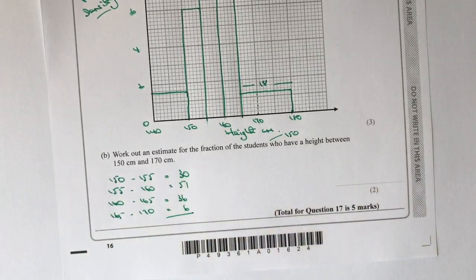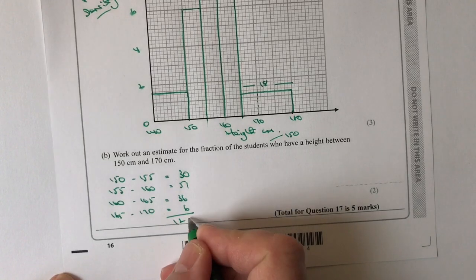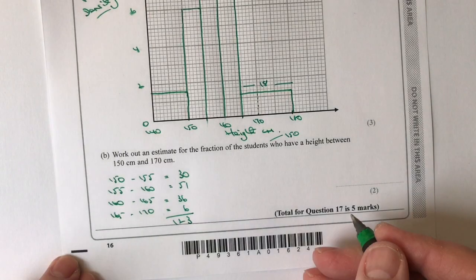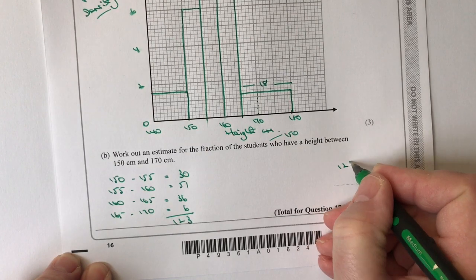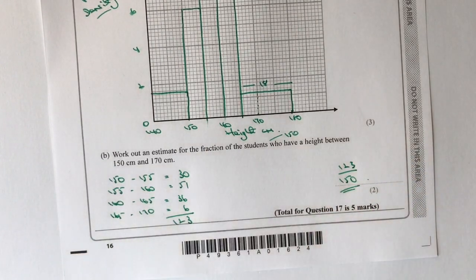So therefore, I now know that the total number of students with a height between 150 and 170 is 123. And if you remember, we said that there were 150 students altogether, so therefore we've got a fraction of students, 123 out of 150 students, and that would answer this particular question.